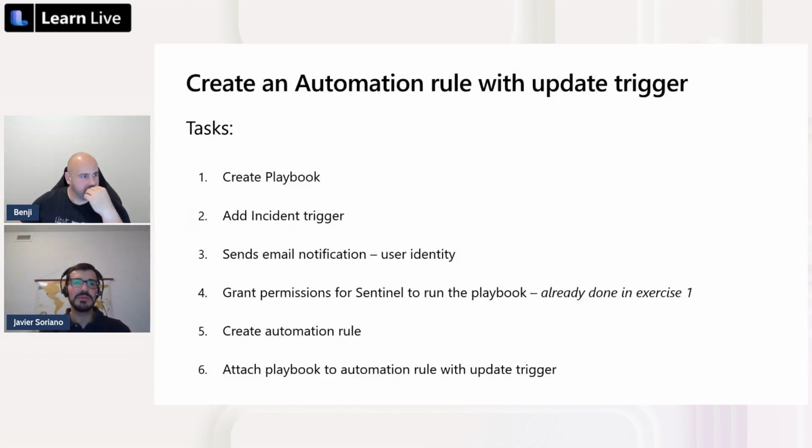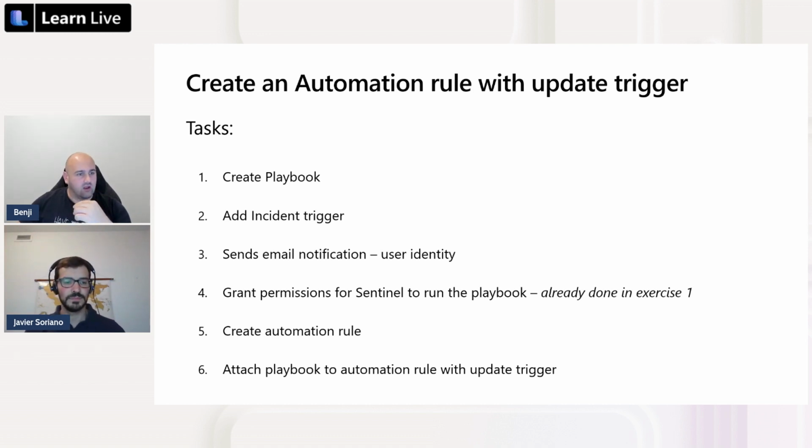Cool. So with that, we came to exercise number 2. Benji, can you explain what this exercise is about? Yes, so actually here we will be working on multiple things again. So first, creating a playbook. Then we will be adding incident trigger, send email notification to the user, so something that is not Microsoft Sentinel connector.